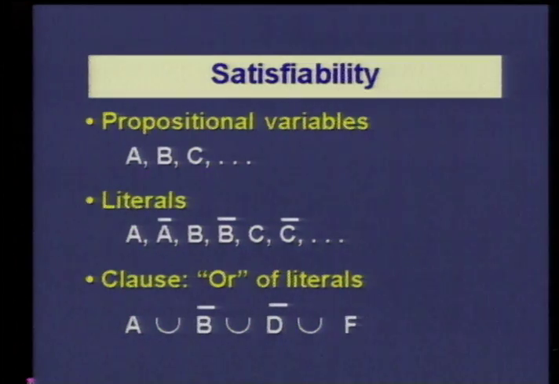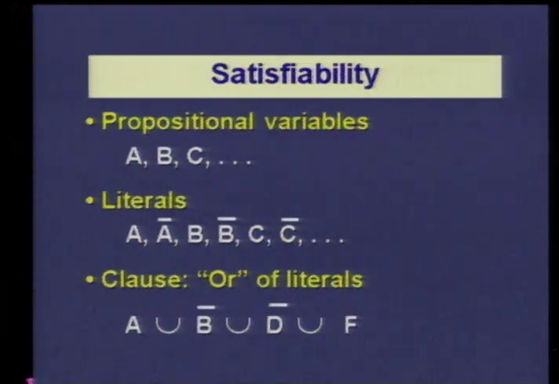Let's first deal with the satisfiability problem. The satisfiability problem involves expressions that are built up by applying the logical connectives and, or, and not, to propositional or Boolean variables. So we start with propositional variables, A, B, C, etc., each of which may be assigned the value true or the value false.